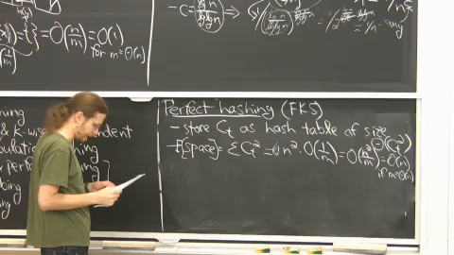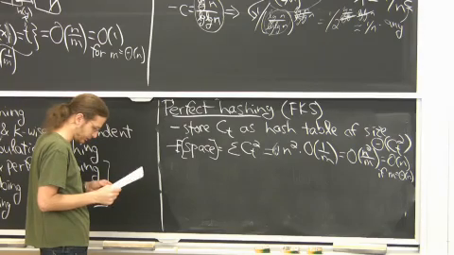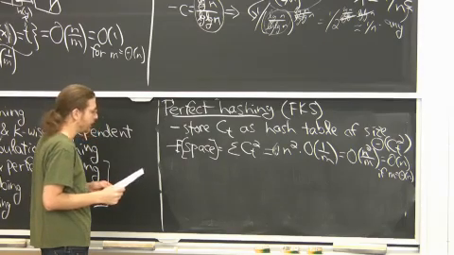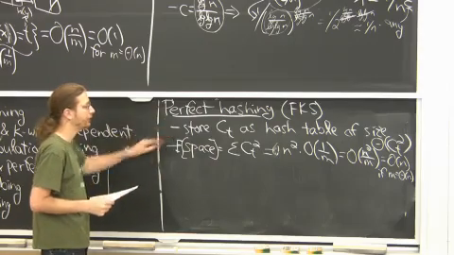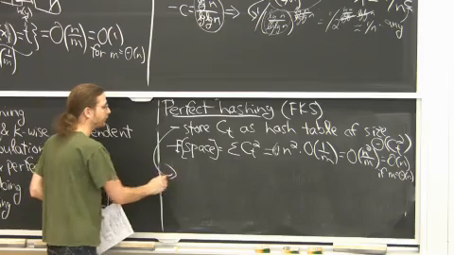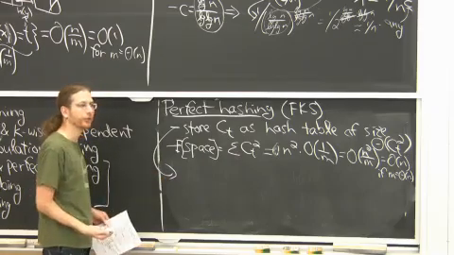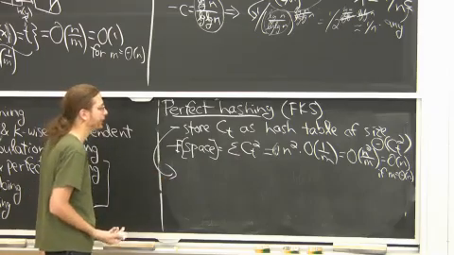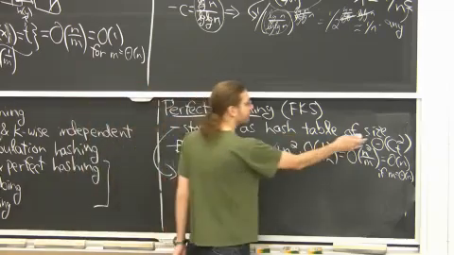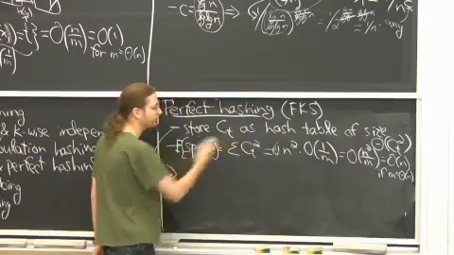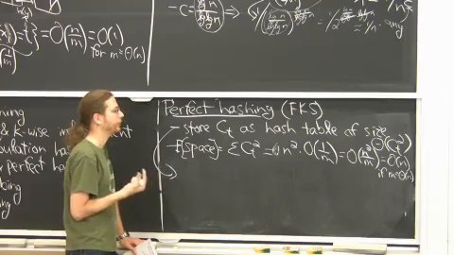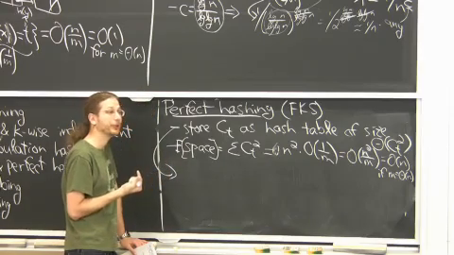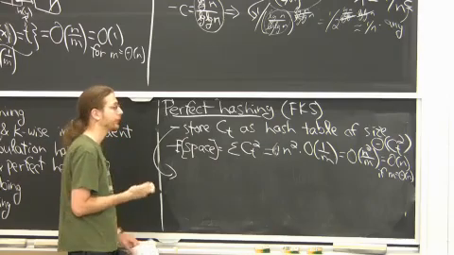What else can I say? You have to play a similar trick when you're actually building these hash tables. All right, so why do we use n squared? Because of the birthday paradox. If you have a hash table of size c_i squared, then with constant probability you don't get any collisions. Why?